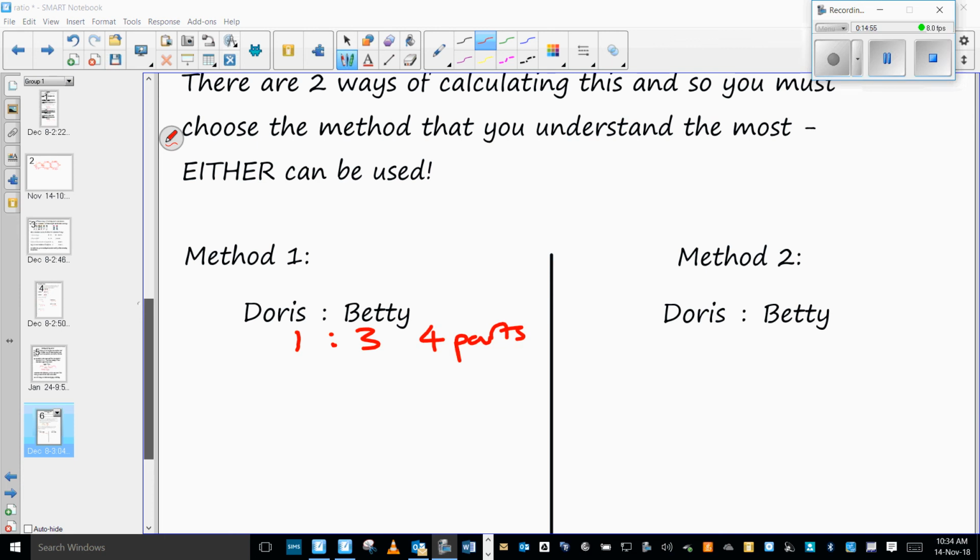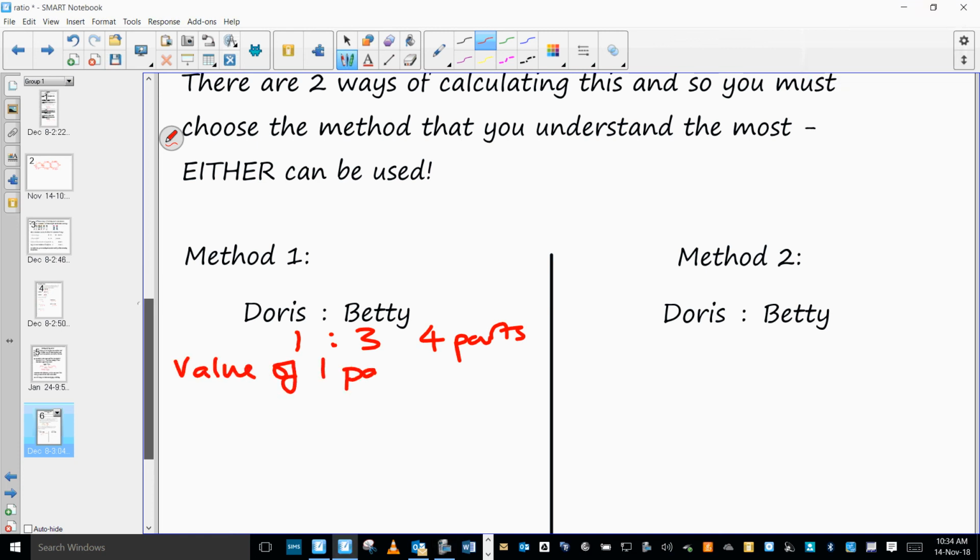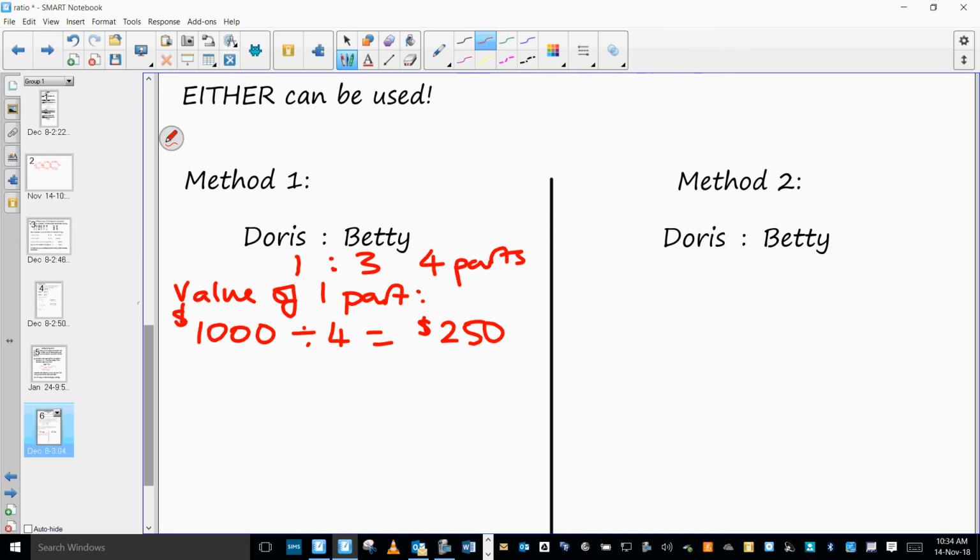We can find the value of one part, because we've got $1,000, and we divide that by 4. 1,000 divided by 4 is $250. If Doris only paid one part of the ratio of the ticket, she should only get one part of the value back. So she would get $250, and Betty would get 3 times $250, so that's 250 to 750.